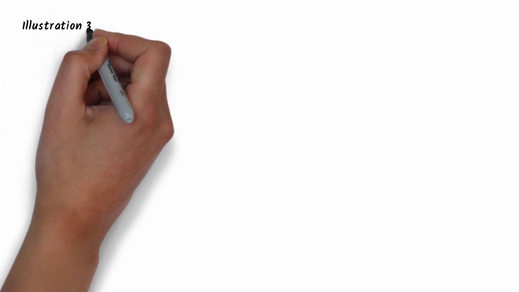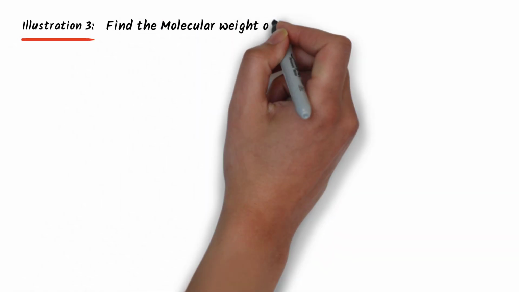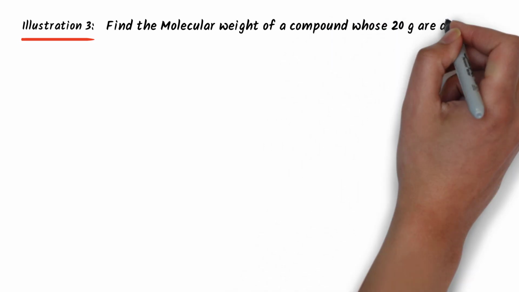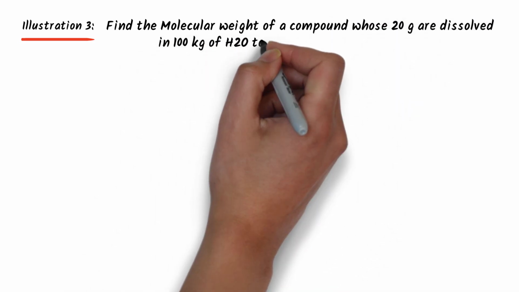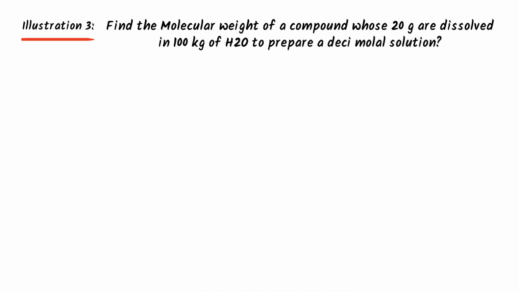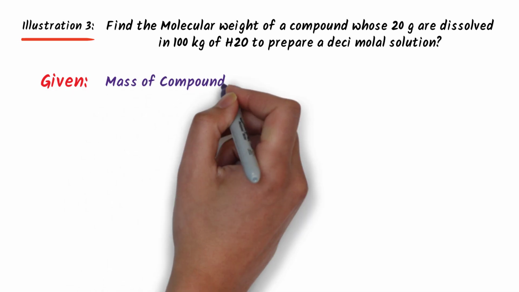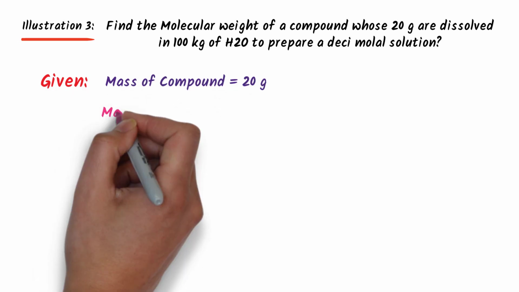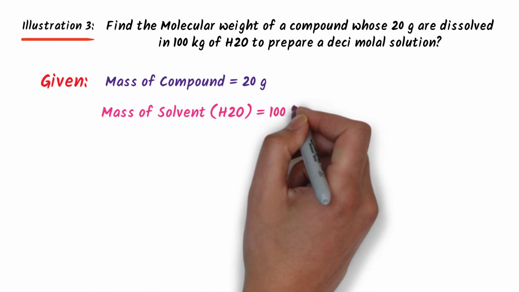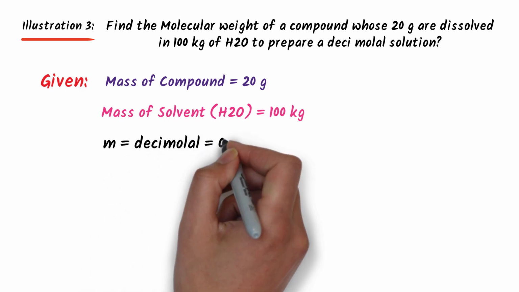In the same way, we have the next illustration which tells us find the molecular weight of a compound whose 20 grams are dissolved in 100 kilograms of water to prepare a decimolal solution. So in this case, we need to find the molecular weight. Now, we are given the mass of compound equal to 20 grams, mass of solvent equal to 100 kilograms. Molality is equal to a decimolal solution, that's 0.1.